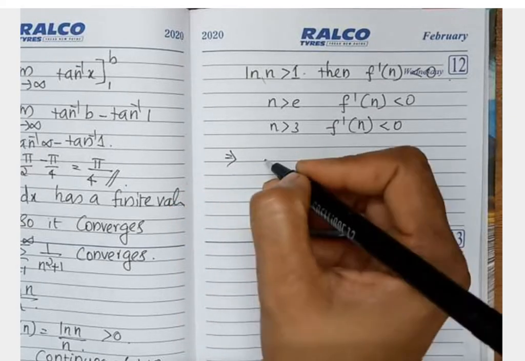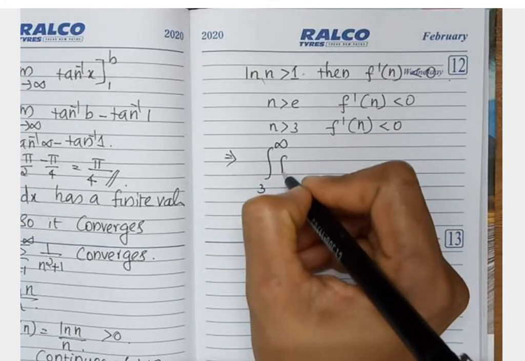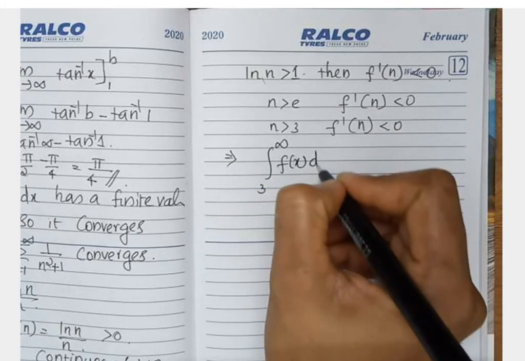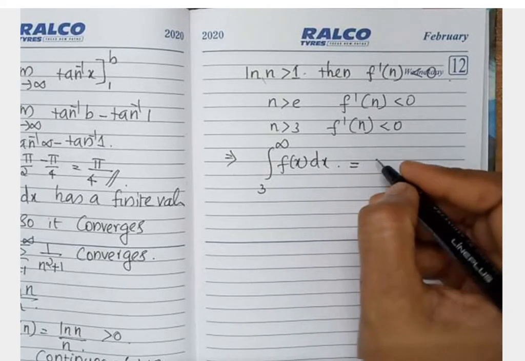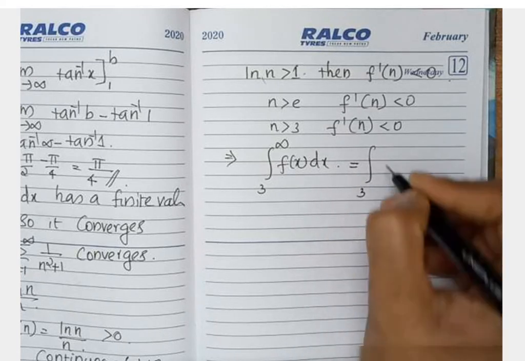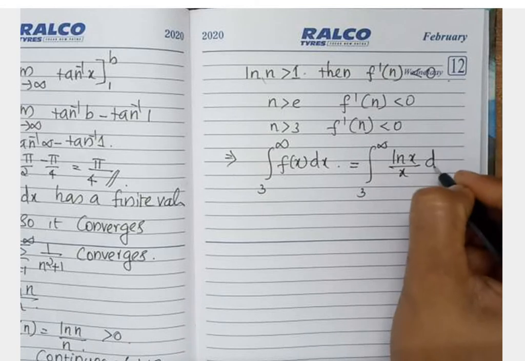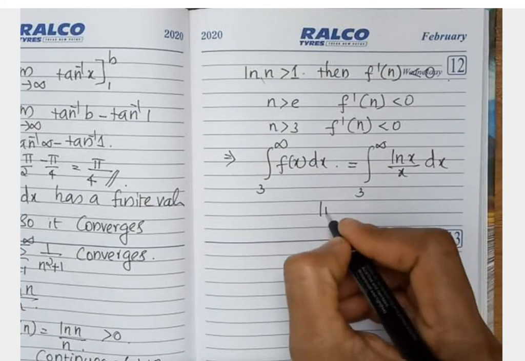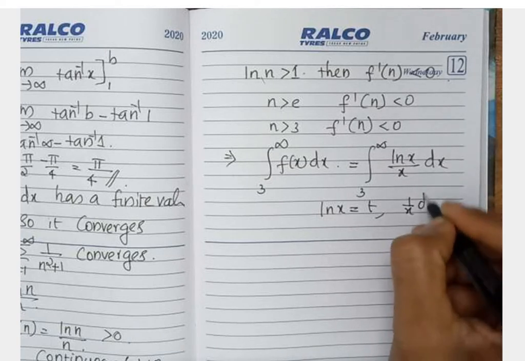So we can say that the integral from 3 to infinity of f(x) dx is equal to the integral from 3 to infinity of log x divided by x dx. Substitute log x equal to t, then (1/x) dx equals dt.